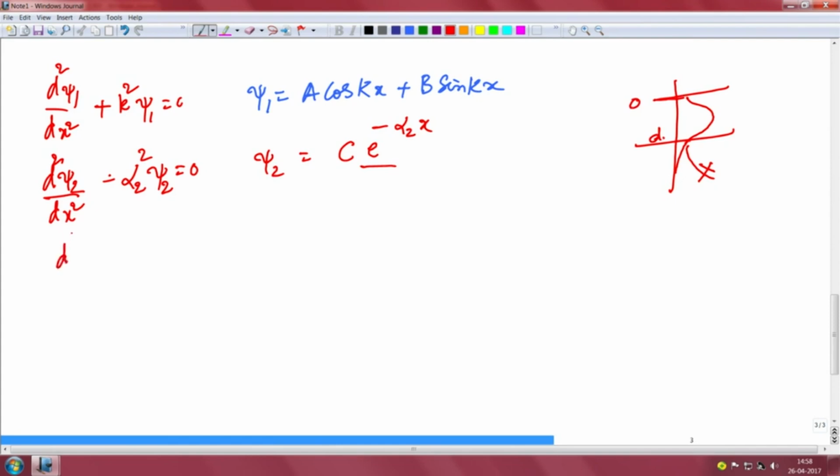Similarly, for region 3, d square psi 3 by dx square minus alpha 3 square psi 3 equal to 0 gives psi 3 as D e power plus alpha 3 x. In this region also we want it to be 0, and since x is negative on this side, we can choose the function which has a positive exponent. So, as x goes negative, this decays to 0.